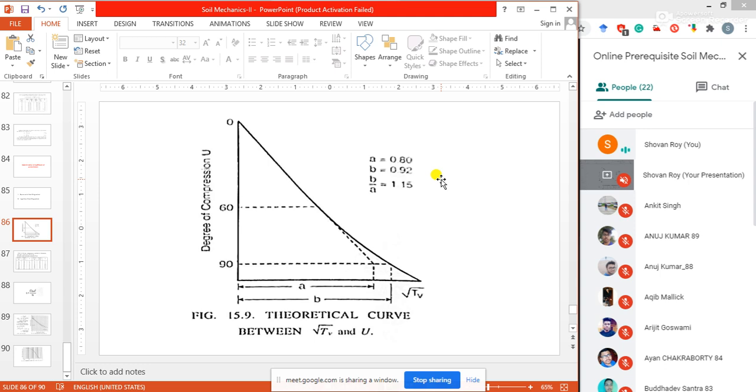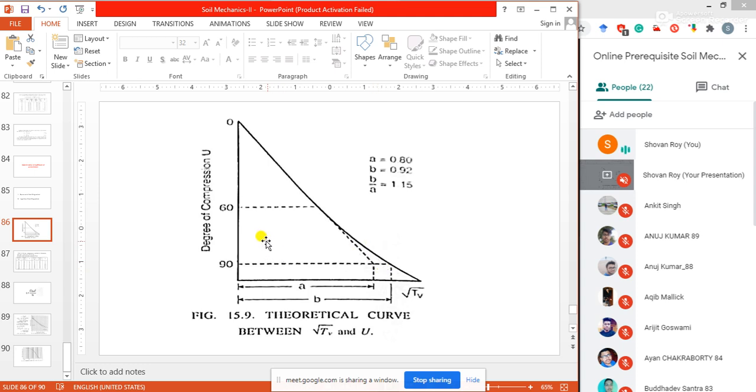From where is this coming? The curve is straight up to u equals 60%. As we know, the degree of consolidation is represented by percentage, so the curve is straight up to u equals 60%, and the abscissa at u equals 90% is equal to 1.15 times the abscissa at u equals 60%.